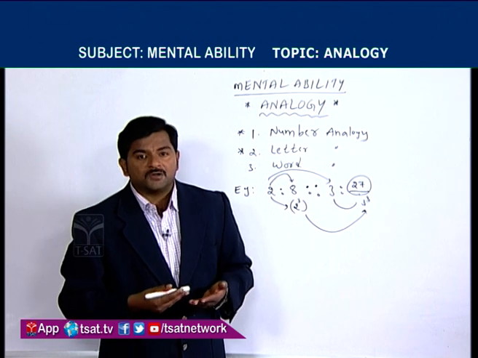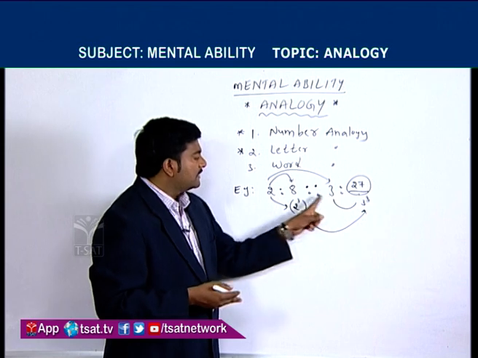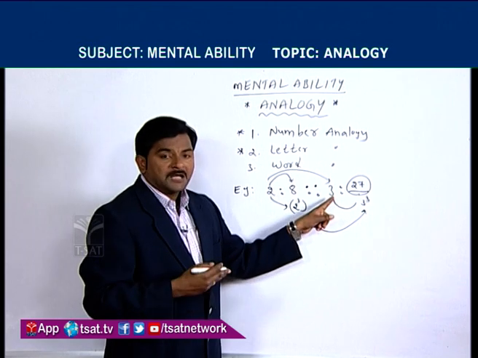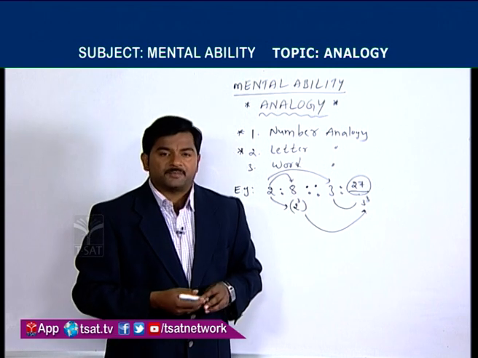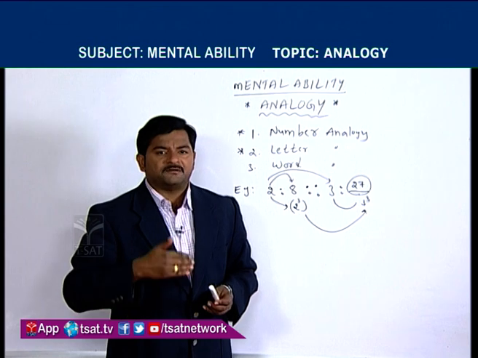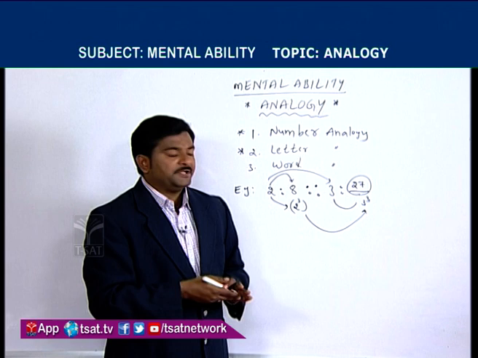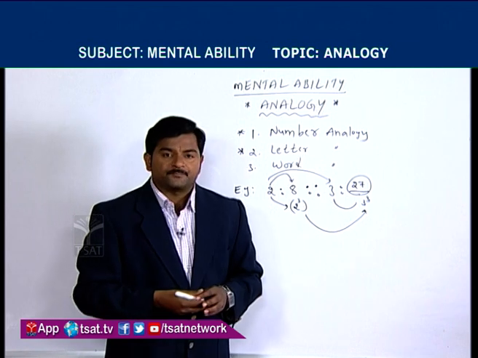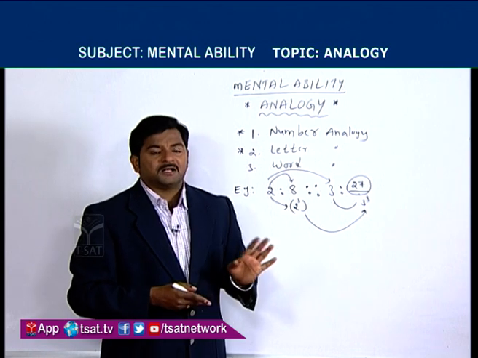At that time, you have to think in this way also: how I am getting 3 from these 2, and similarly apply the same concept for 8 to get the required blank part. I hope you understood. Usually 90% will be in the first way. If you are not working out any concept, then think from this point of view also. So this is the example for number analogy.